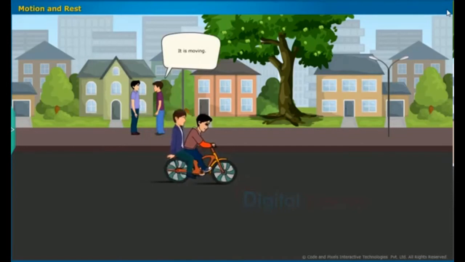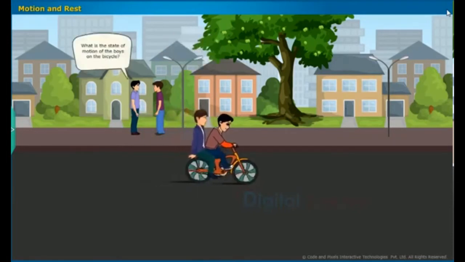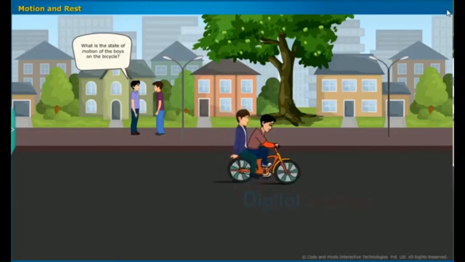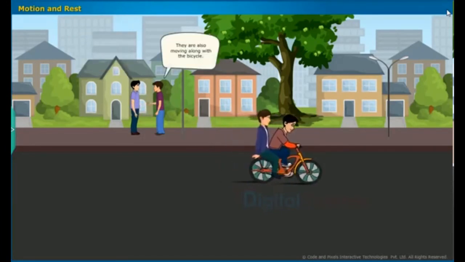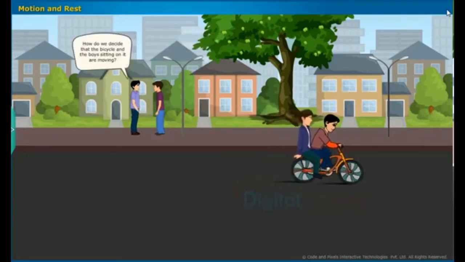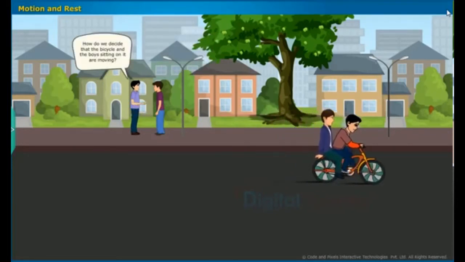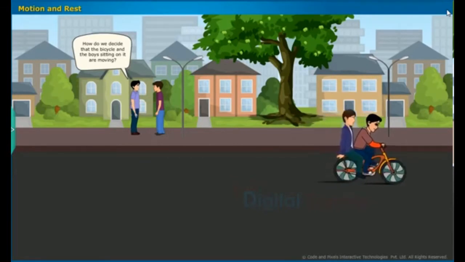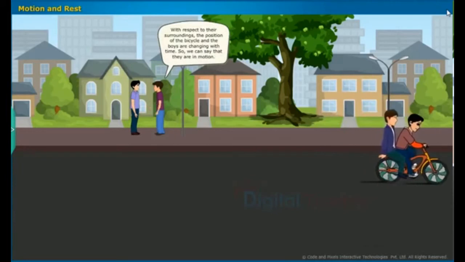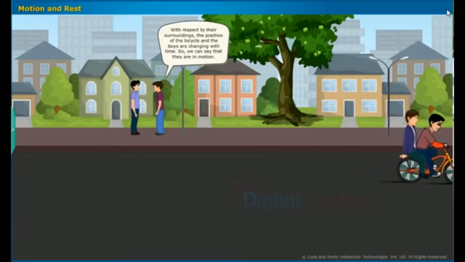It is moving. What is the state of motion of the boys on the bicycle? They are also moving along with the bicycle. How do we decide that the bicycle and the boys sitting on it are moving? With respect to their surroundings, the position of the bicycle and the boys are changing with time. So, we can say that they are in motion.